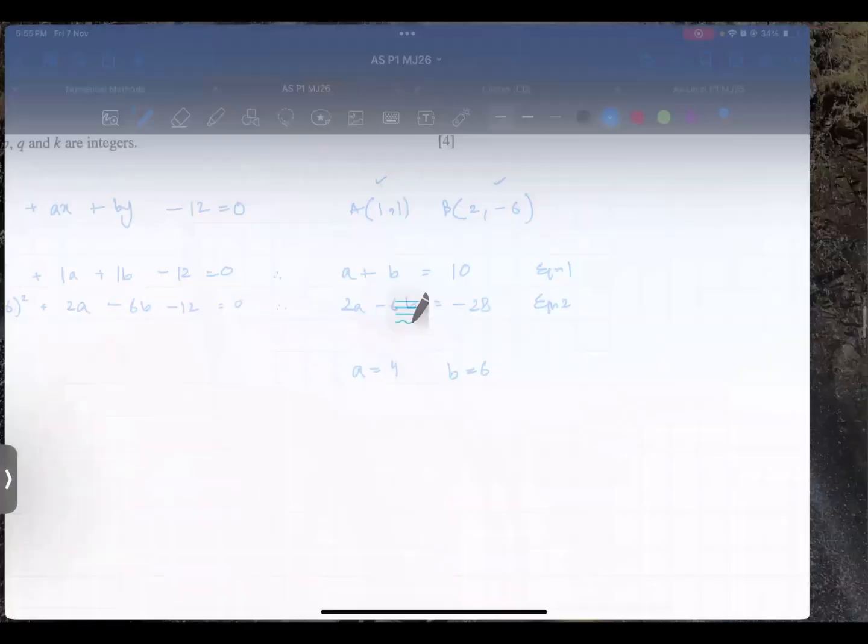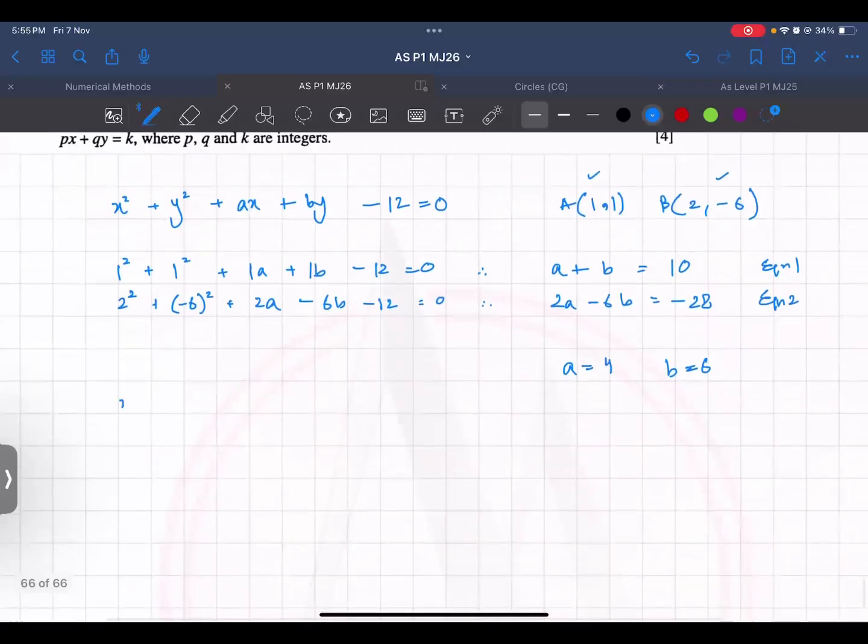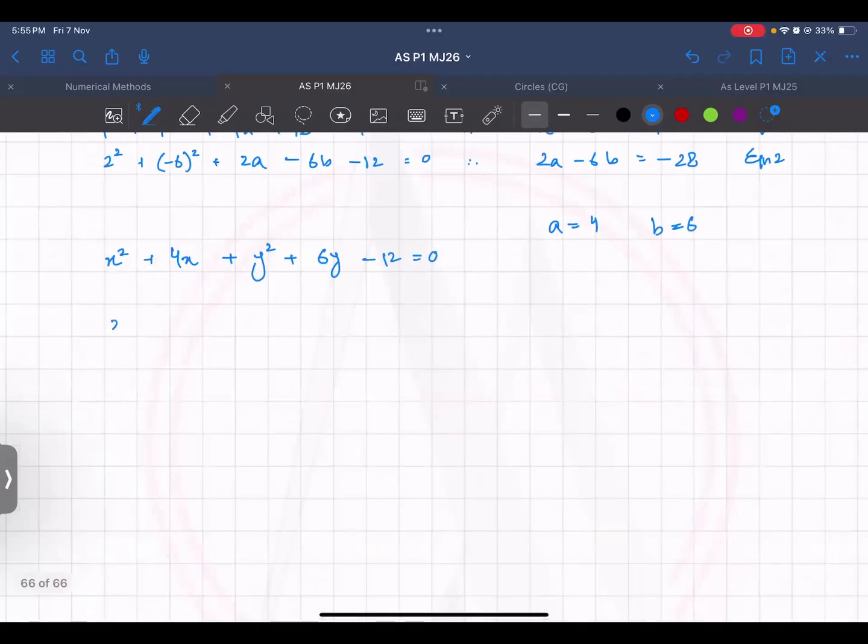Now they're asking you to find the center as well. Your equation becomes x squared plus 4x plus y squared plus 6y minus 12 equals 0. If you convert it into complete square form, your center will be, 4 upon 2, (x plus 2) whole squared minus 4, plus (y plus 3) whole squared minus 9.